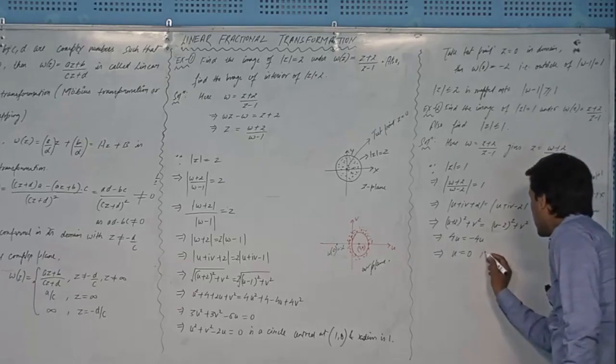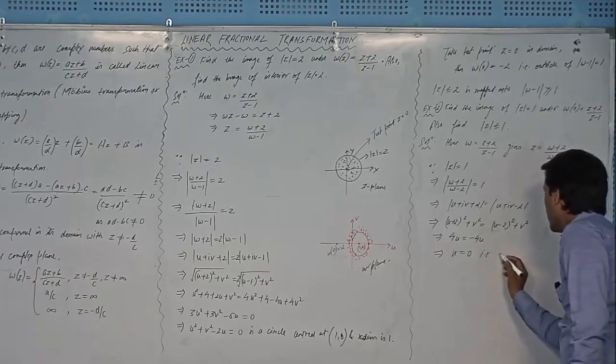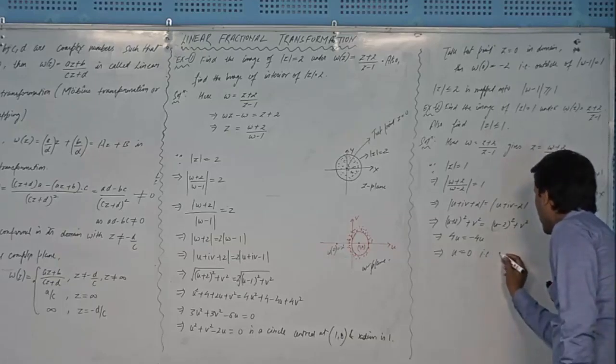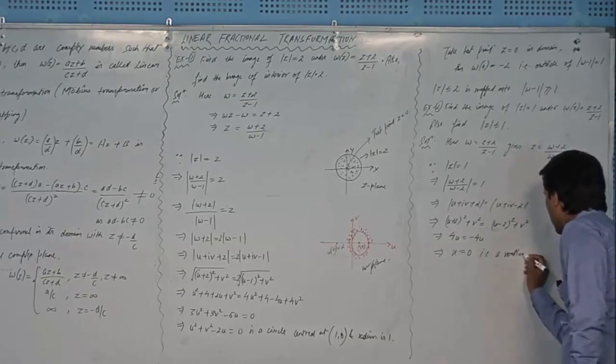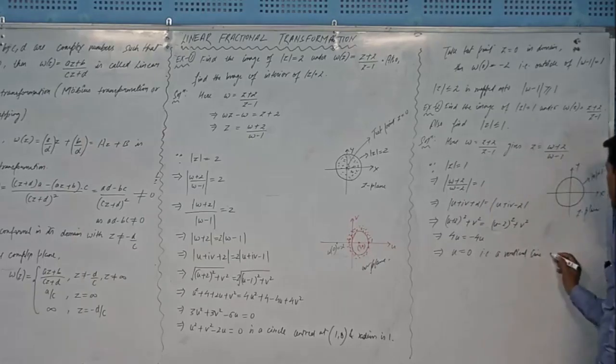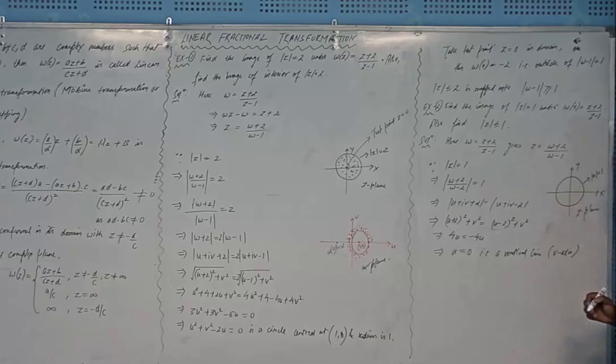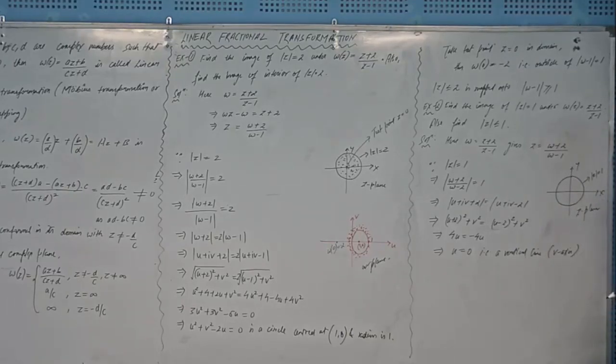That is, u equal to 0 is a perpendicular line, a vertical line, the v axis, right? So I will draw that line with my red marker.